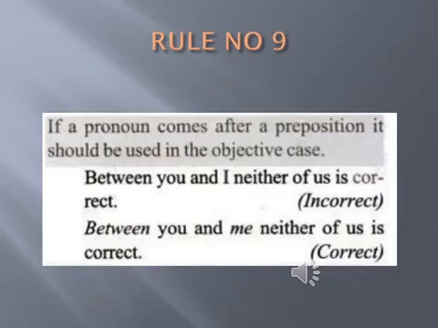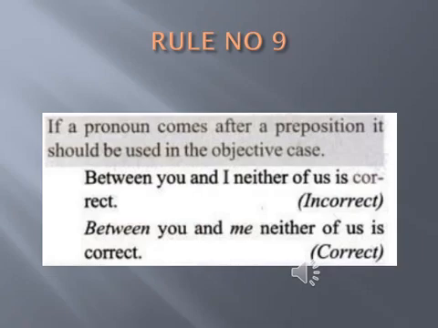If a pronoun comes after a preposition, it should be used in the objective case. Which one is a preposition here? Between is the preposition. What has followed the preposition? Between you and I, neither of us is correct. You in the subjective case and objective case have the same form.